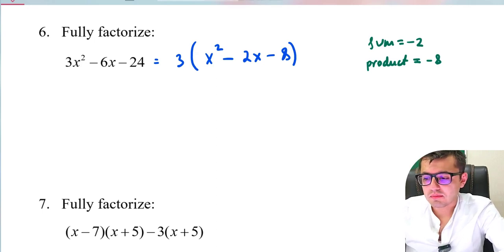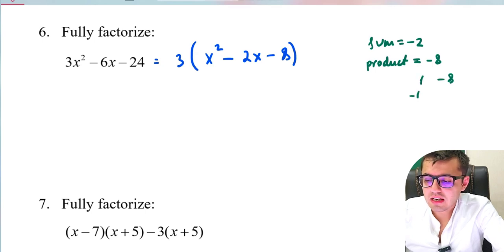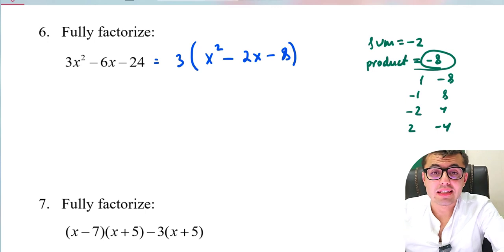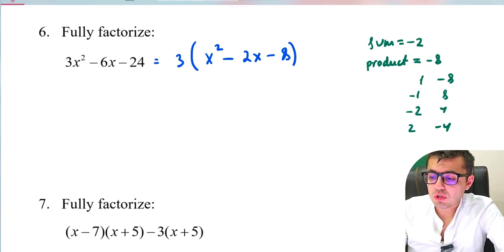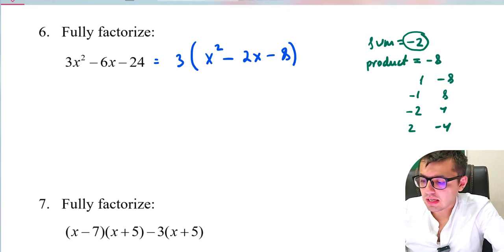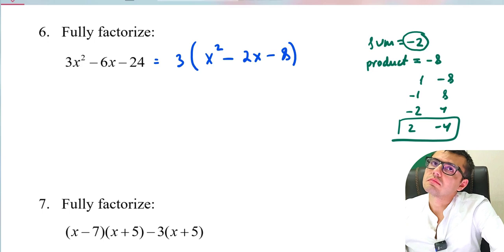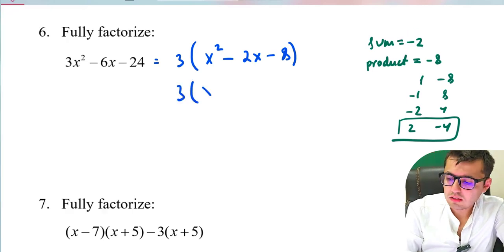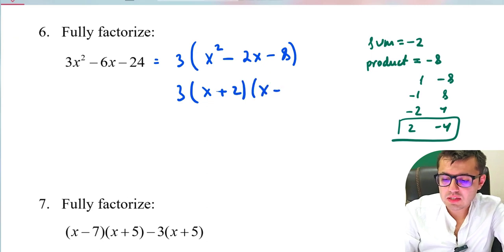The product is -8, so it can be 1 and -8, -1 and 8, -2 and 4, 2 and -4, and that's all the combinations that give -8 as a product. Which one of them gives you the sum of -2? I think this one. So it should be 3(x plus 2)(x minus 4).